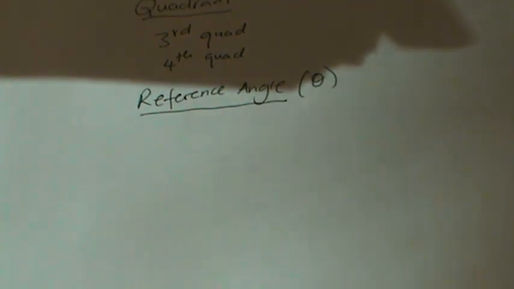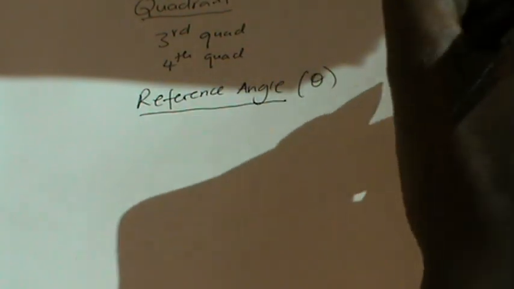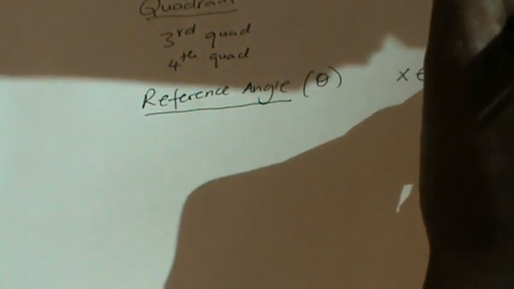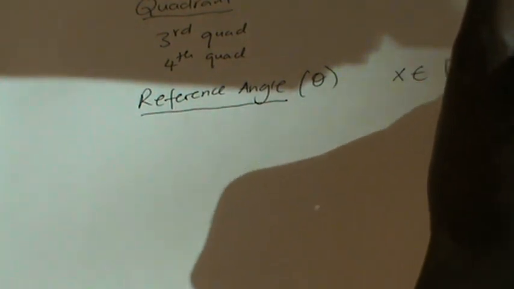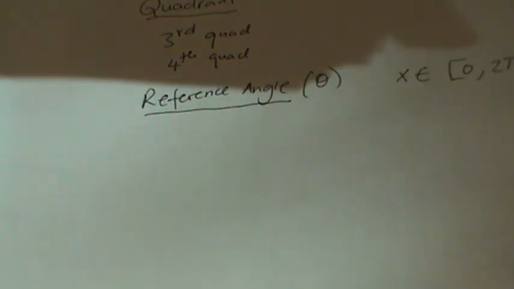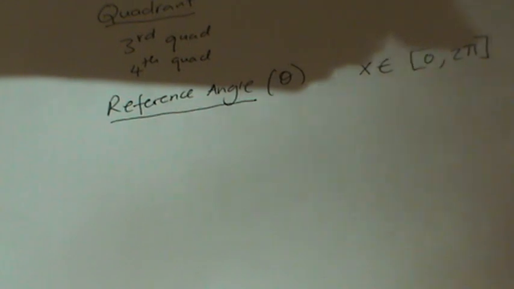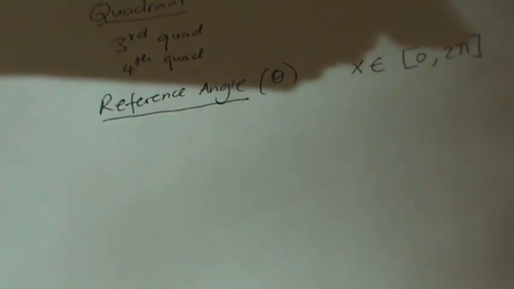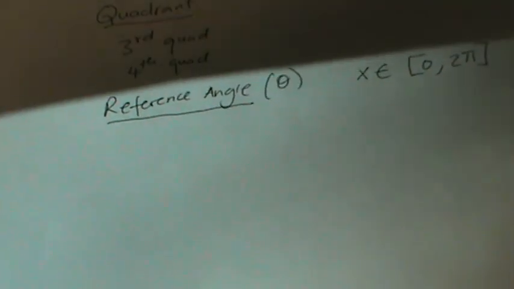Okay, so my reference angle is there, theta. Now we need to remember the question said we need x to be between 0 and 2 pi. Okay, so that is what we want. We want an angle between 0 and 2 pi.